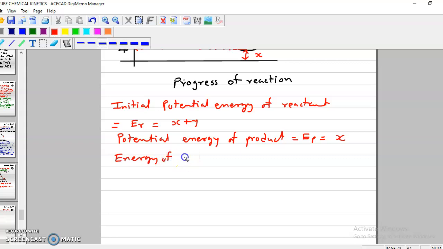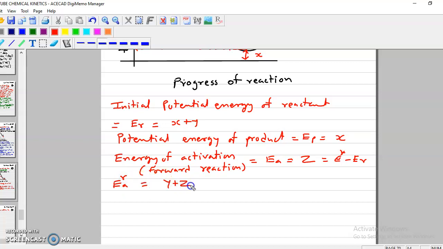Now energy of activation for forward reaction which is EA or is equal to Z or is equal to epsilon star minus ER. Now energy of activation of reverse reaction would be Y plus Z, which is equal to epsilon star minus EP.